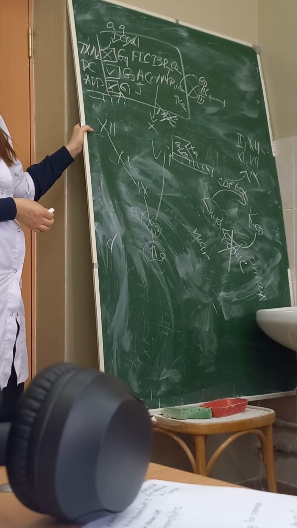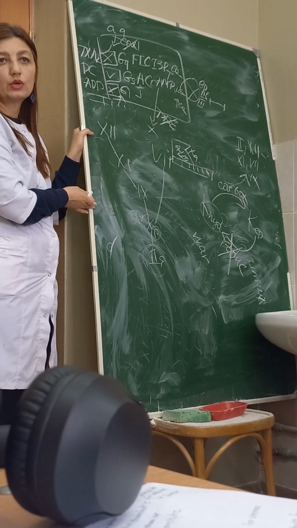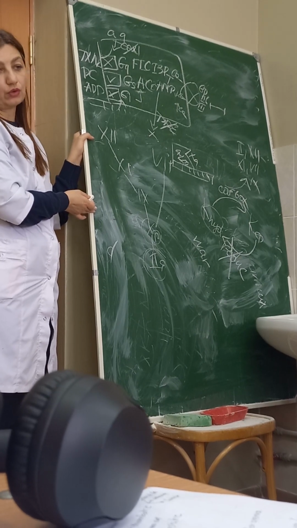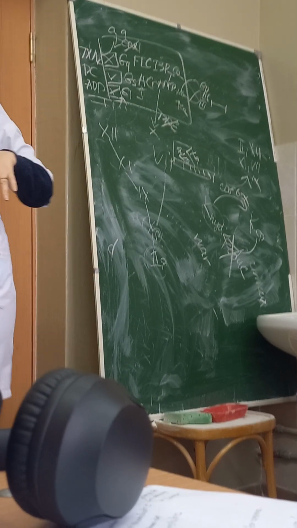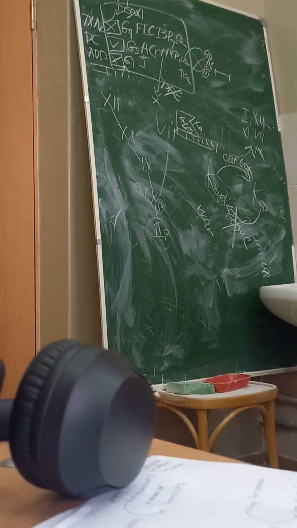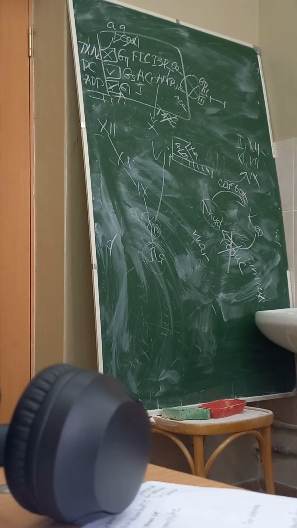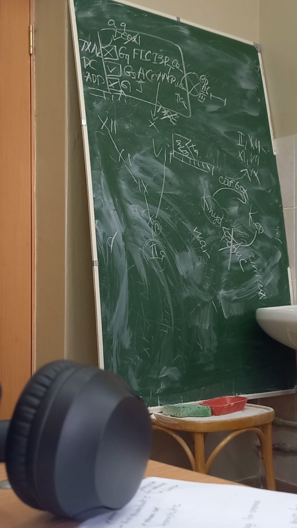Also, we have an antidote to heparin. What is the antidote? Protamine sulfate. So open your copybooks, we will write down antidotes. Antidote to warfarin: vitamin K. Vitamin K may be water soluble or lipid soluble.